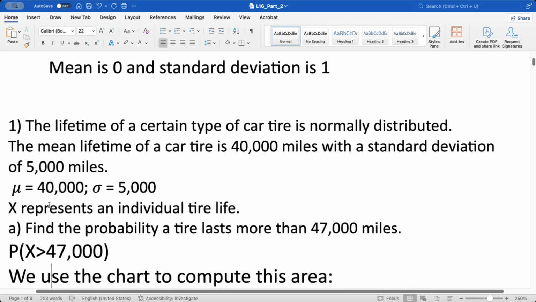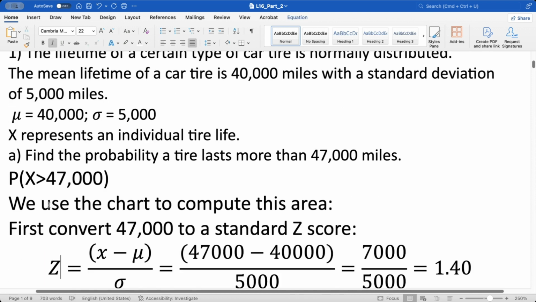So we need to do the conversion. We make the Z substitution, X minus the mean divided by standard deviation. So 47,000 minus the mean of 40,000 divided by 5,000 becomes 7,000 over 5,000, which is 1.40. You want to round Z to 2 decimal places for the chart.